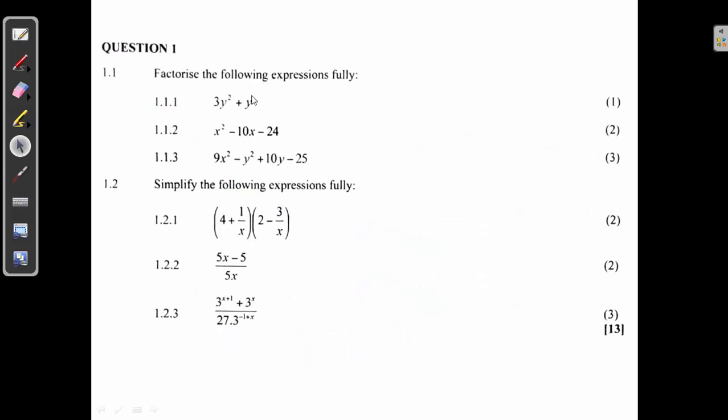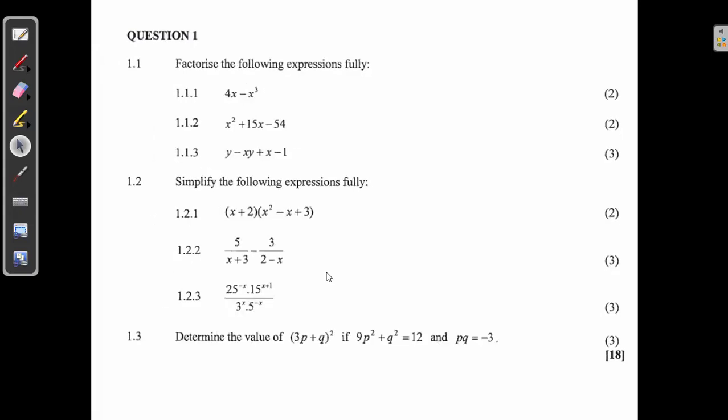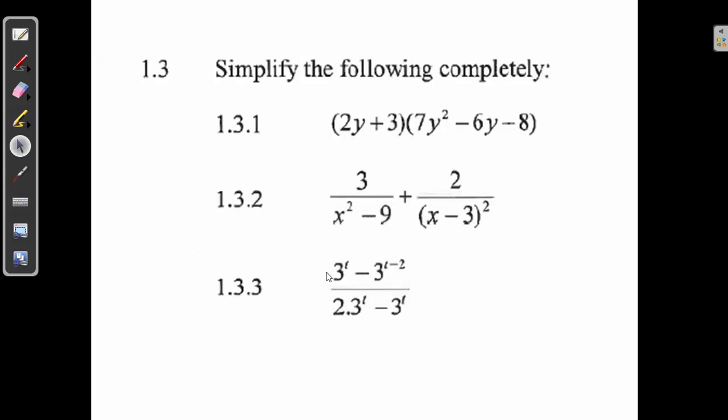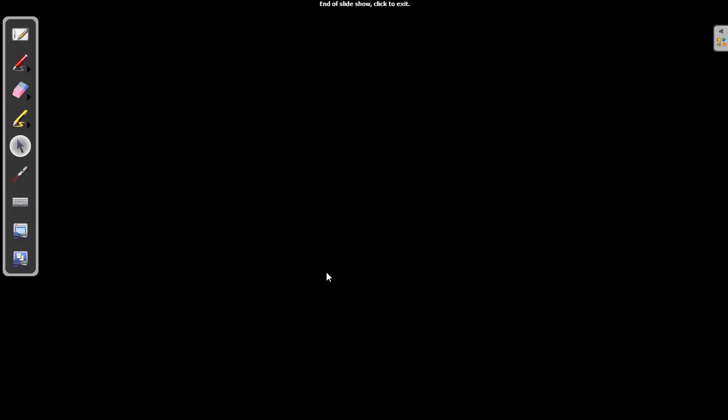These ones here, try them out. Okay. When you are done, try this one out as well. And then try this out as well. And this as well. Okay, that is it for today.